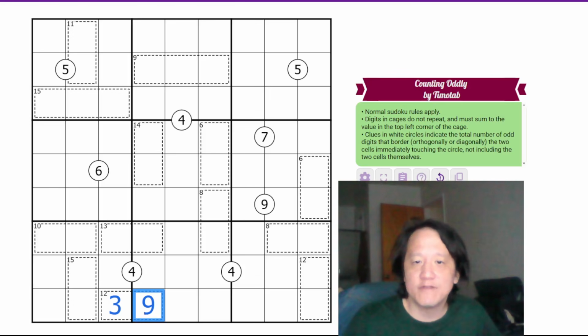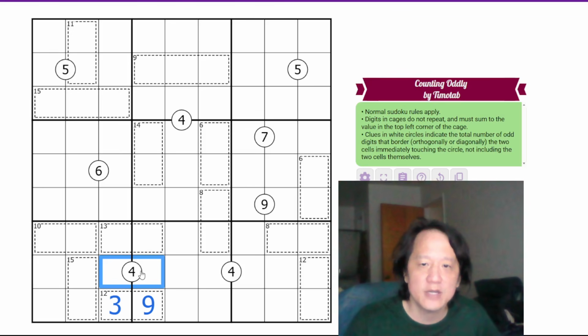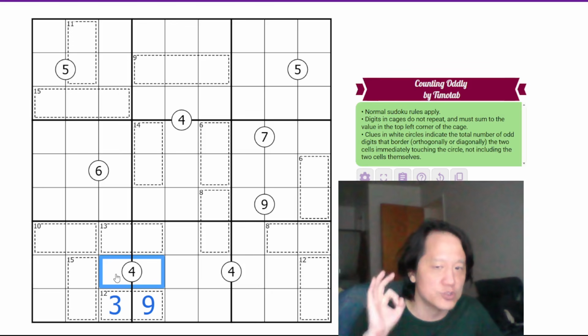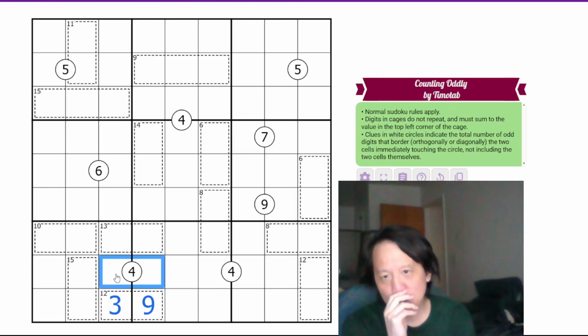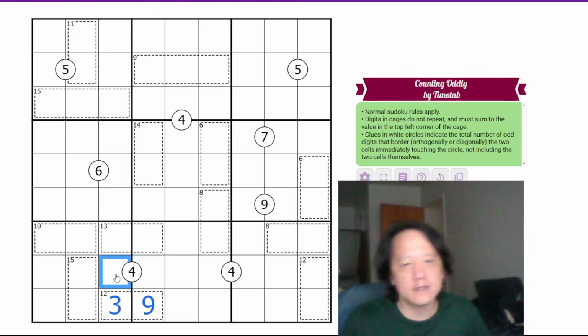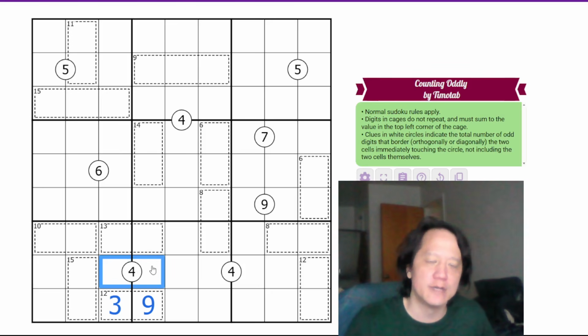We also have clues in white circles that indicate the total number of odd digits that border orthogonally or diagonally the two cells immediately touching the circle, not including the two cells themselves. So that would mean this is counting the number of cells that border the two cells immediately touching the circle.